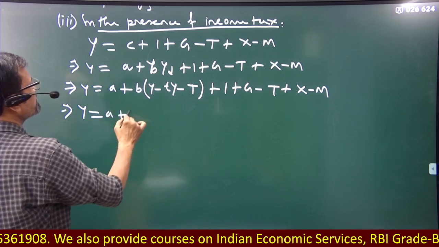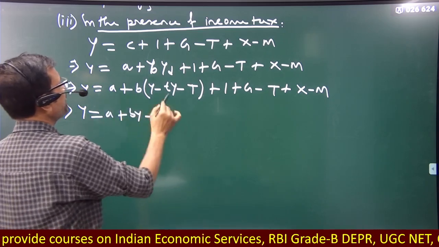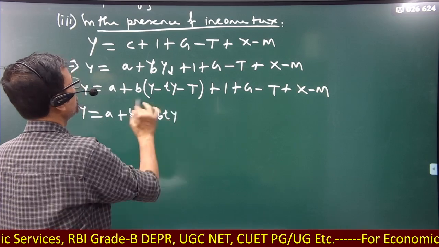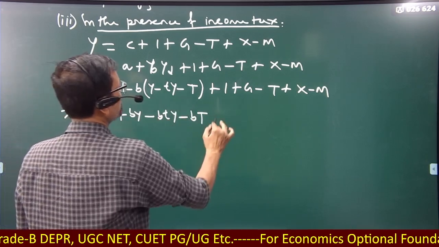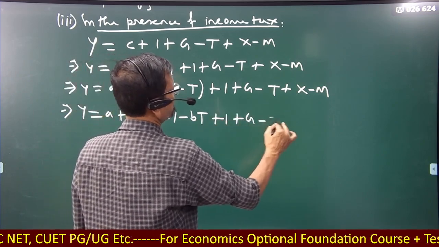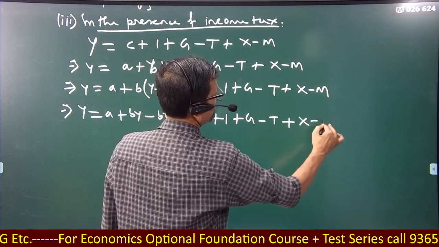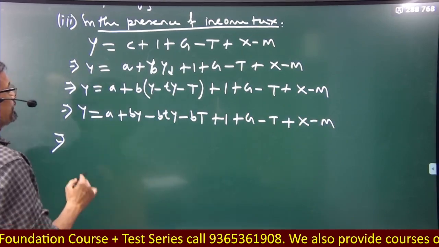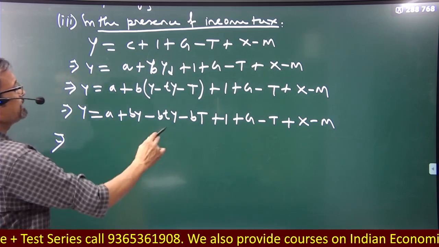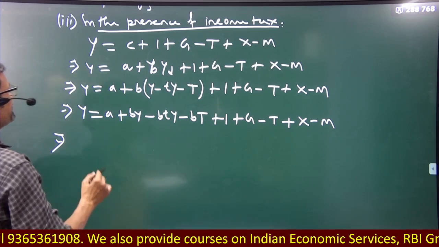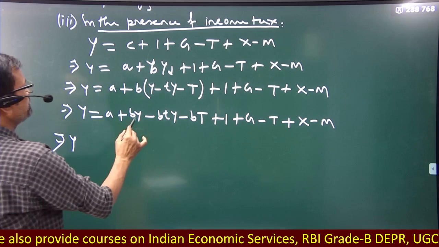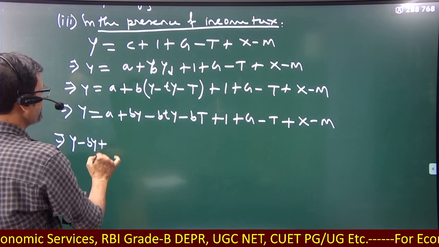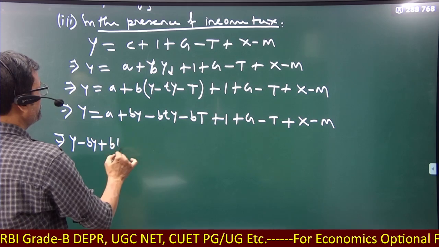Now you see Y = A + BY minus, multiplying and removing the bracket, BtY minus Bt plus investment plus government expenditure minus tax plus net export. Now here BY when it comes here, minus BY when it comes here, plus BtY.